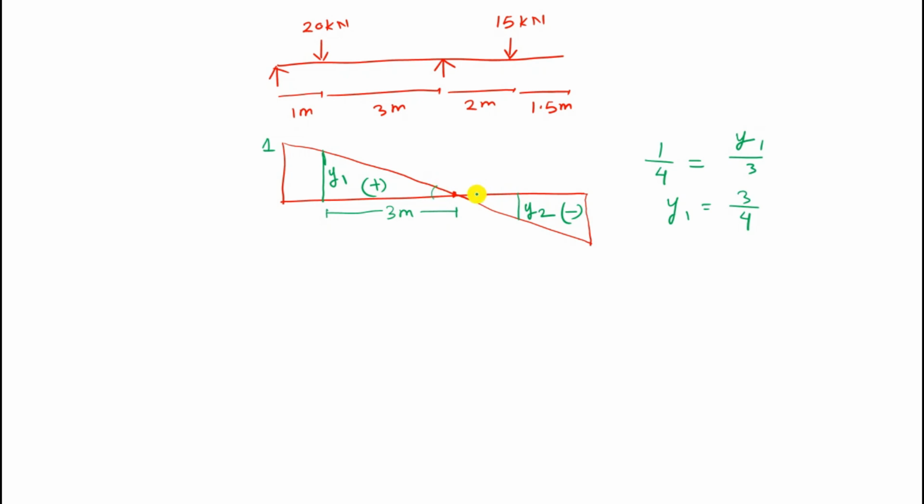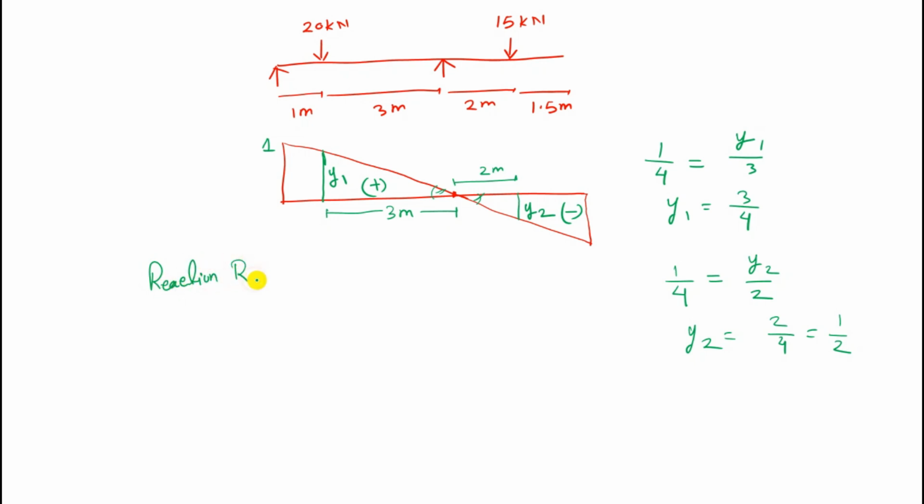You know those two angles are the same, that's why you can consider, and this distance is 2 meter, so you can write 1 by 4 equals y2 by 2. So y2 is 2 by 4.